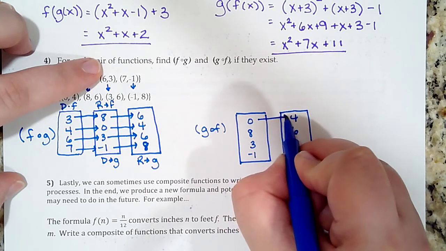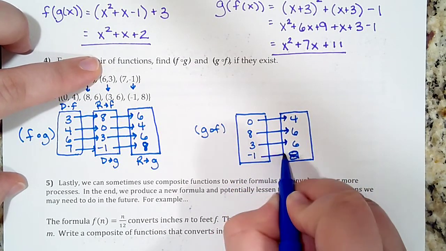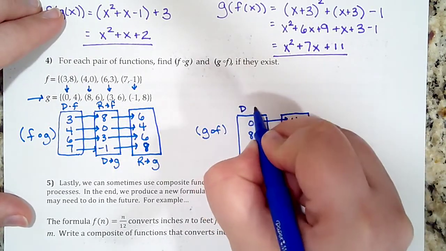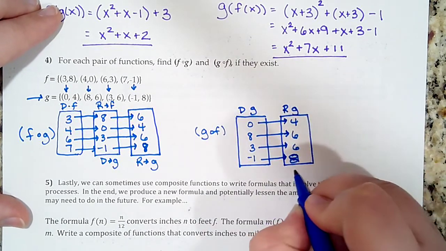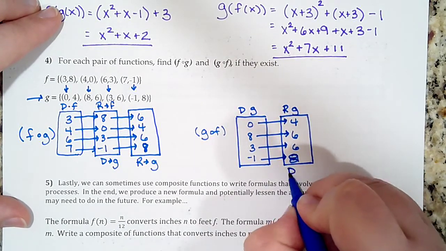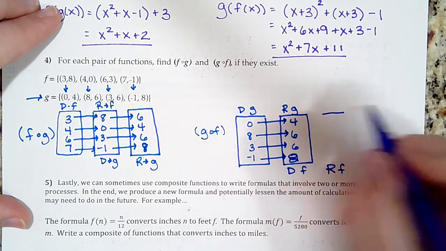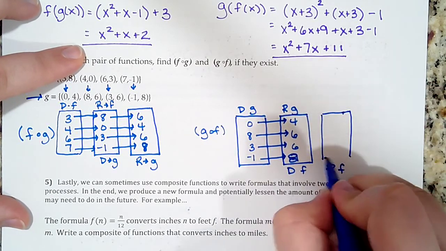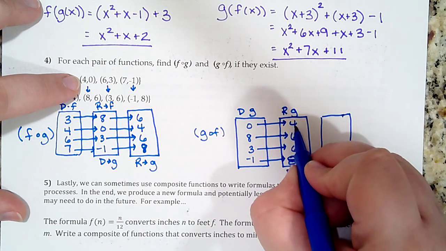So each of my domains has a range. And now, if everything works, my range of g should now be the domain of f. So let's make sure that each of these y's has an x. Not negative 4, 4.